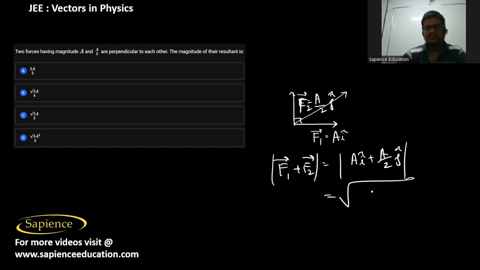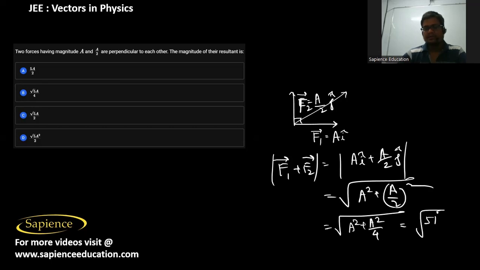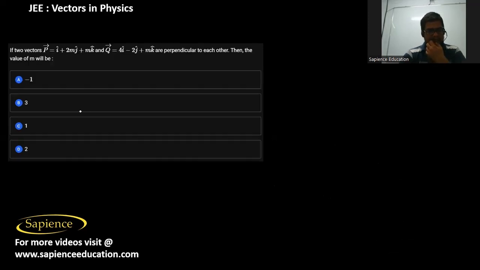So that will be obviously square root of A square plus A by 2 whole square. So this will be square root of A square plus A square by 4, that is equal to root over 5A square by 4. So this will be equal to root 5 A by 2. Root 5 A by 2. So option C is the correct answer.